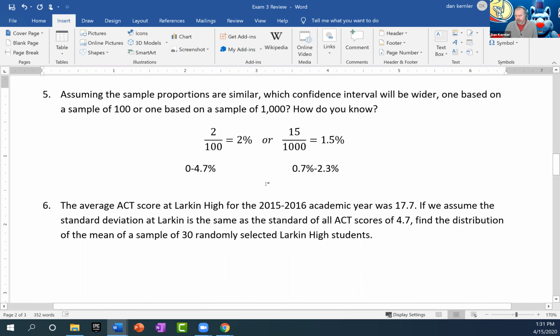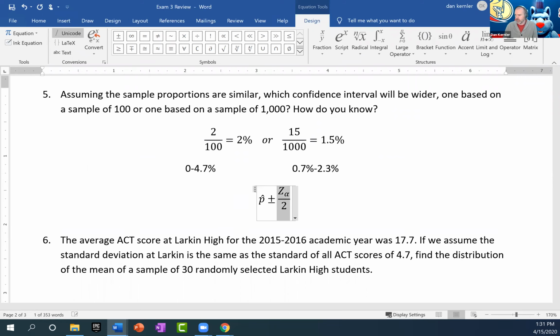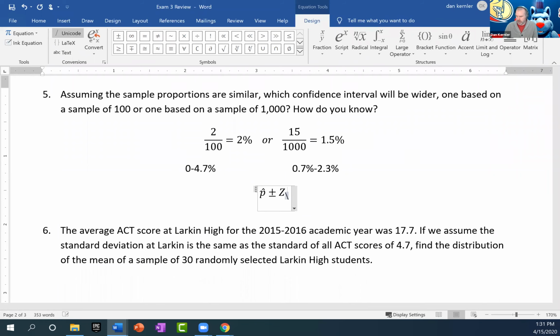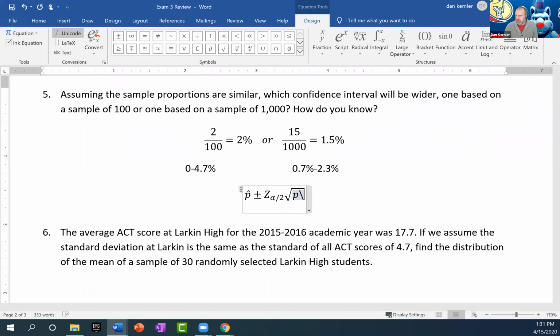We don't talk about the formula much, but the formula is p hat plus or minus z sub alpha over 2 times the square root of p hat times 1 minus p hat over n.